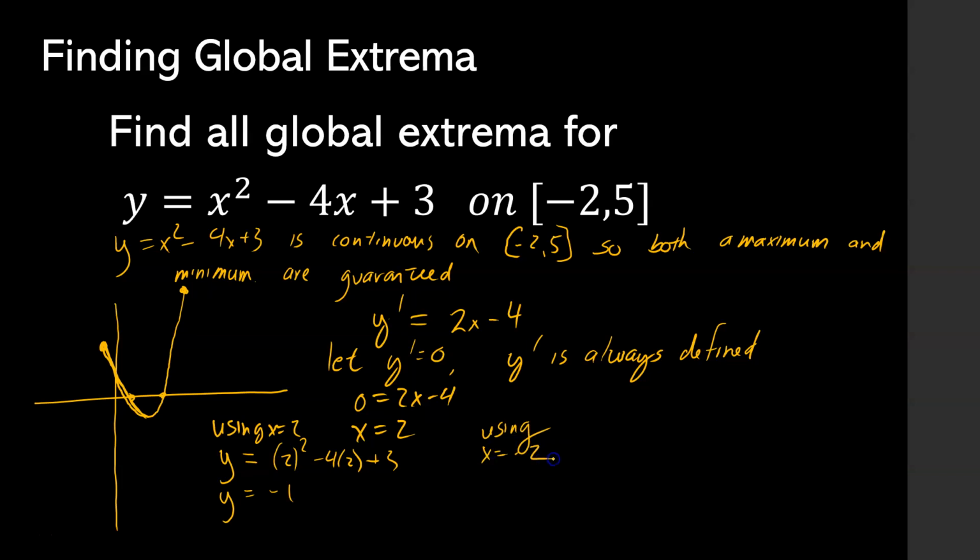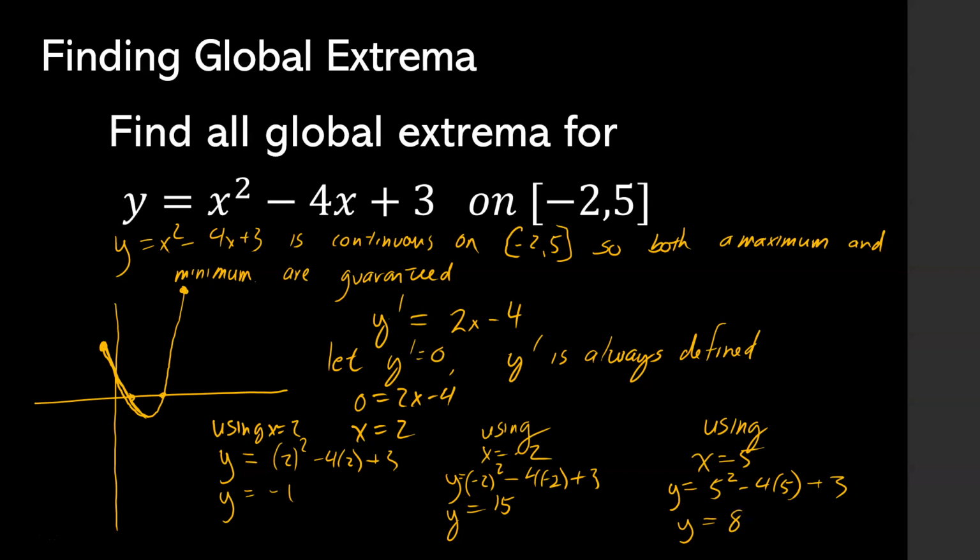Using x equals -2, so 4 plus 8 is 12, plus 3 is 15. So far, that's definitely a maximum compared to -1. And then using x equals 5, that's going to be 5 squared minus 4 times 5. So 25 minus 20 is 5, plus 3 is 8.